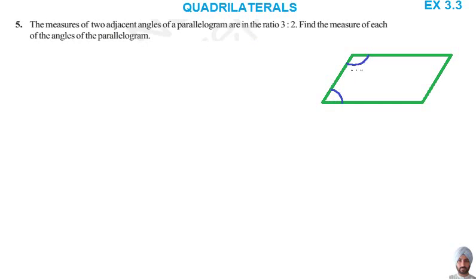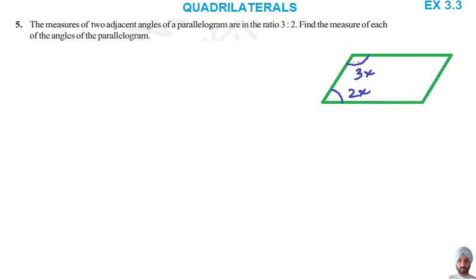So if I label it as 3, and whenever there is a ratio you have to multiply it with a number so as to get the exact angle, so I am multiplying it with x. Here also we multiply with x, so it becomes 2x. So these are the two adjacent angles, 3x and 2x, and these are the angles of a parallelogram.